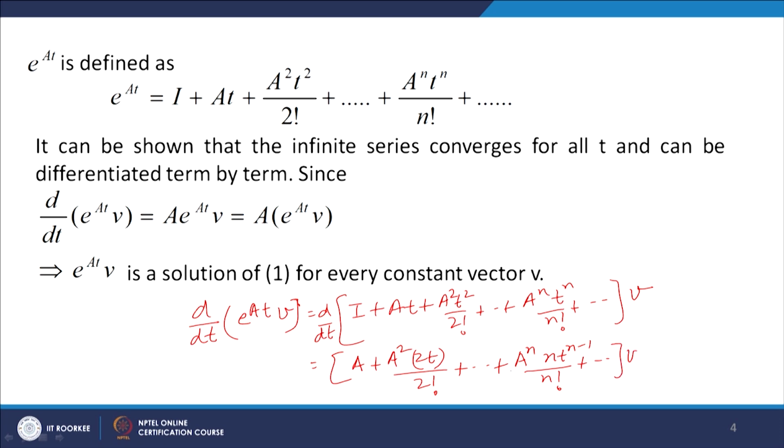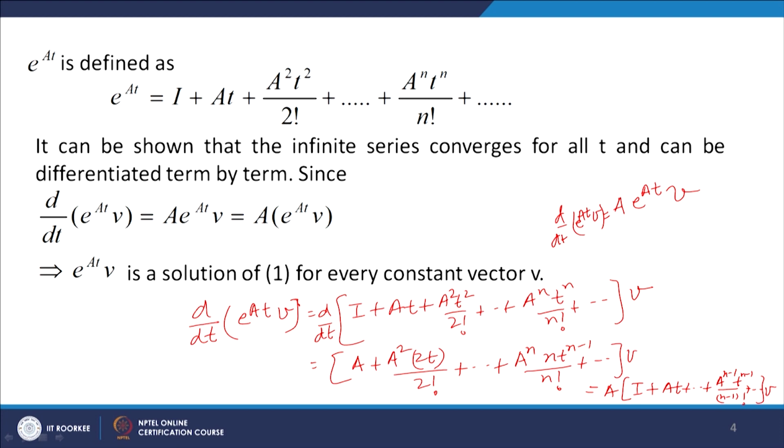Or I can write it as A into I plus At, then A to the power n minus 1, t to the power n minus 1 over n minus 1 factorial and so on, b. Okay. So, this is e to the power At. So, we get A into e to the power At into b, that is the derivative of e to the power At into b.